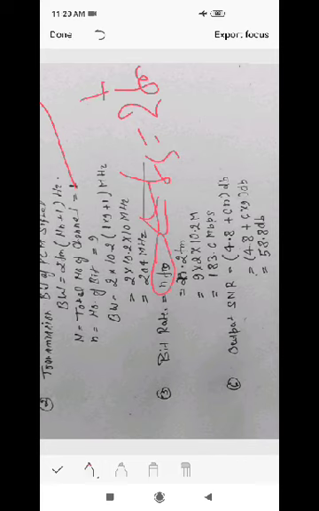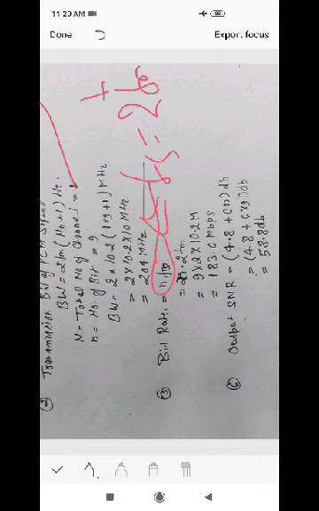Fm is simply the maximum modulating frequency, which is already given as 10.2 megahertz. Now put the value of n. n is simply code word length, n equal to 9. We have already calculated in the first part. Now we put the value of Fm, 10.2 megahertz. By multiplying, we find that the bit rate is 183.6 Mbps, megabit per second.